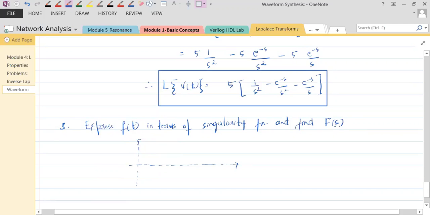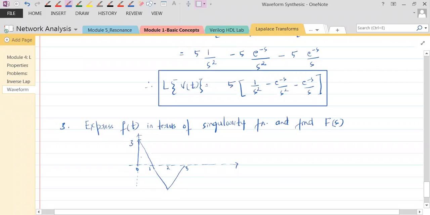Let's take it from here. Okay, this is 0, 1, 2, 3. Yeah, this is how the waveform is.